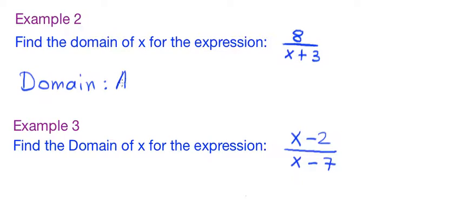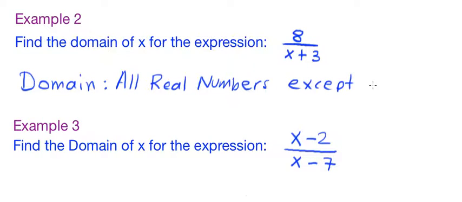So domain should be all real numbers except minus 3. Notice again, the number I write here is just the opposite of this number that appears here on the denominator. And also notice that it's only denominator equals 0 which gives us an undefined situation, right? So always look at the denominator. The numerator does not play this game, so only denominator, opposite here.